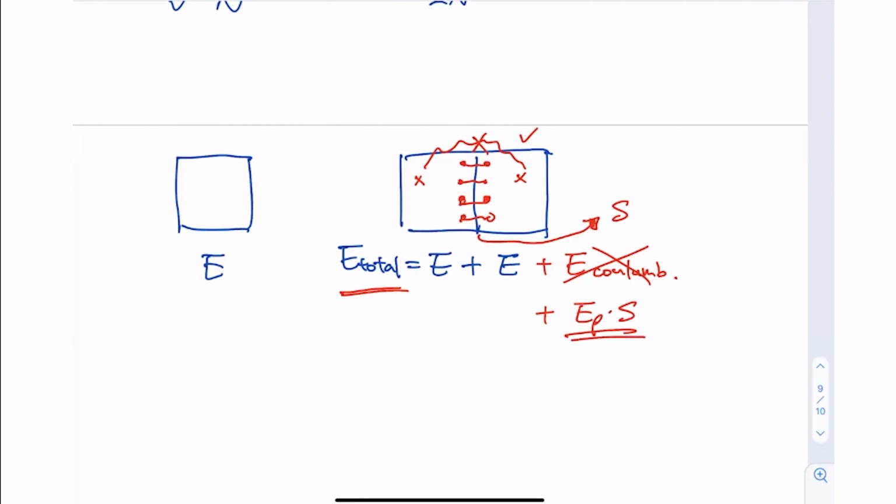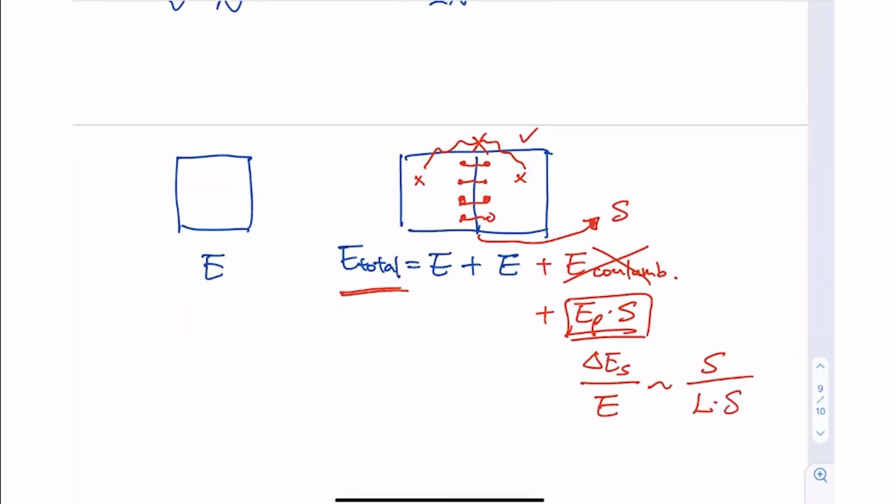Because when the system is really large, let's call this the change of energy due to the surface, compared with the total energy of your system, it should be related to the surface area divided by the volume, which is L times S in this case.